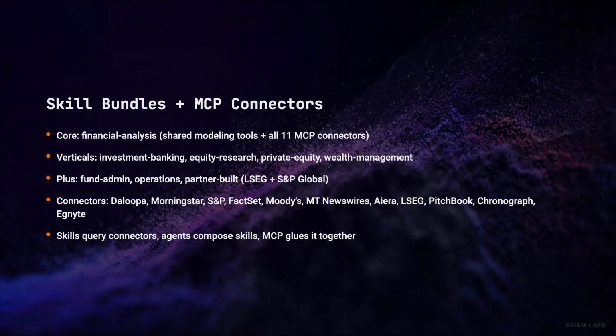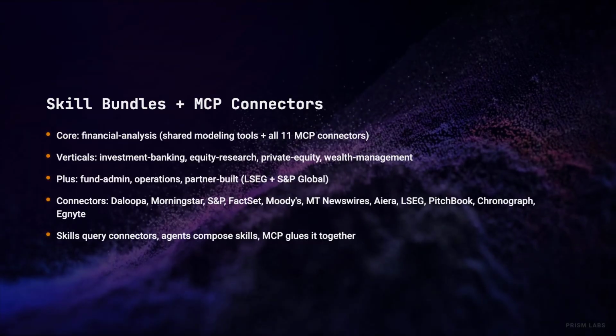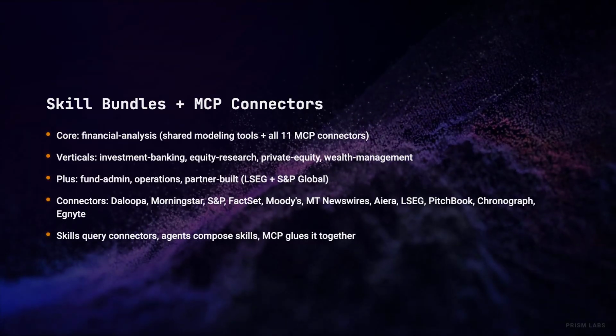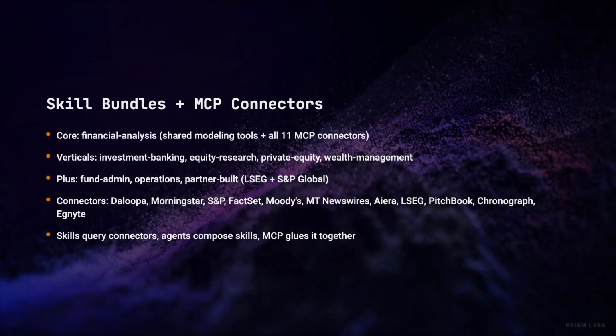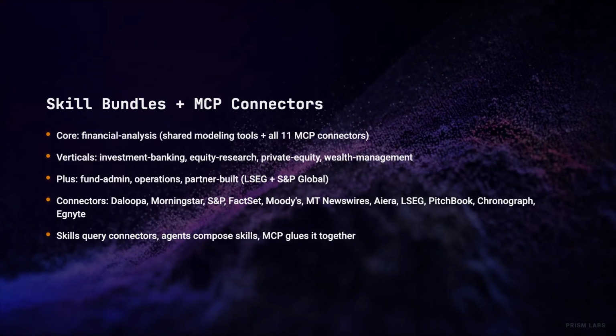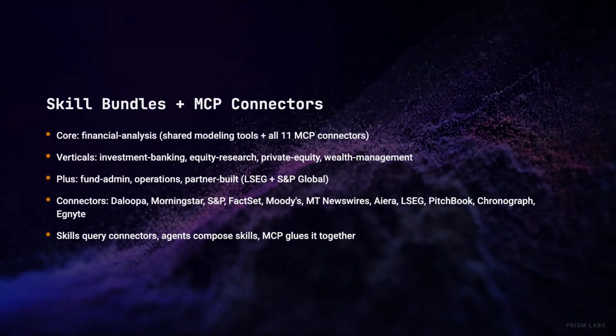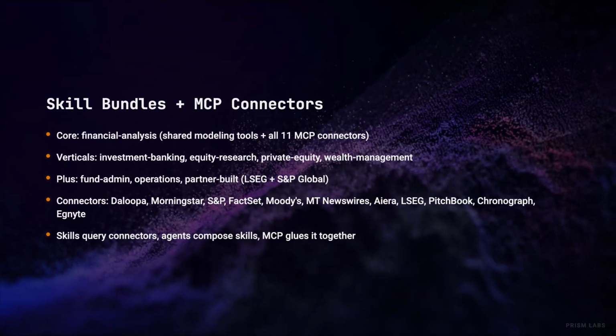Private-equity for sourcing, due diligence checklists, IC memos, portfolio monitoring. Wealth-management for client reviews, financial plans, tax loss harvesting. Fund-admin for GL recon, NAV tie-out, accruals. Operations for KYC rules grids. Partner-built for LSEG and S&P Global integration specifically.